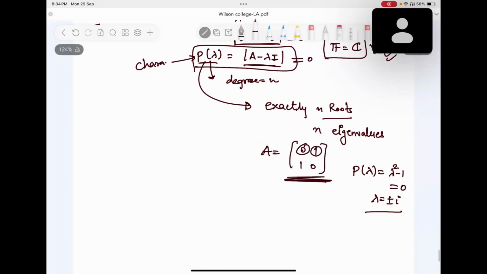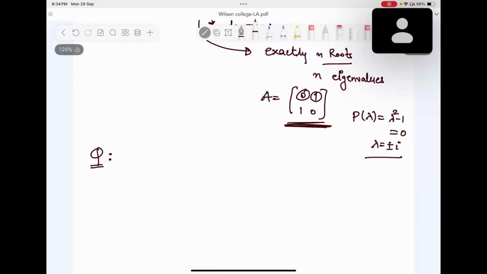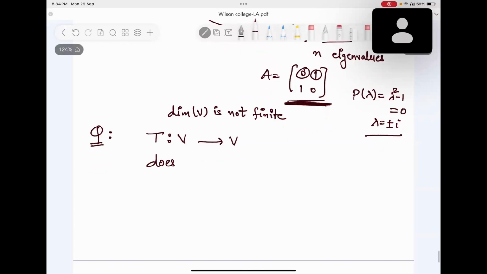Now the question I wanted to ask is, suppose you have a linear transformation from V to V, and the dimension of V is not finite. So does T have any eigenvalue?